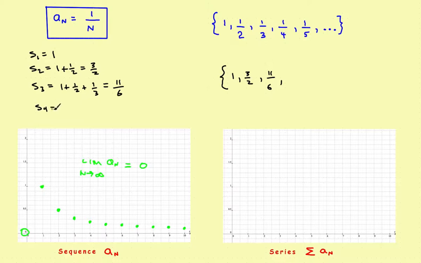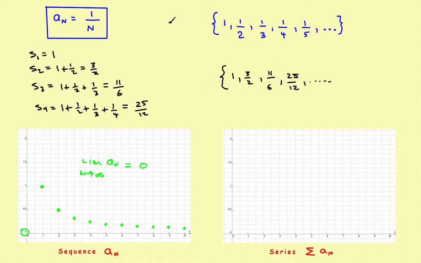The fourth term would be 1 plus 1/2 plus 1/3 plus 1/4, and if I added all that together, I'd get 25 over 12. So the next term would be 25 over 12, and they would go on like this. Okay, now we'll plot them exactly like we did last time. These will be the terms of the series.